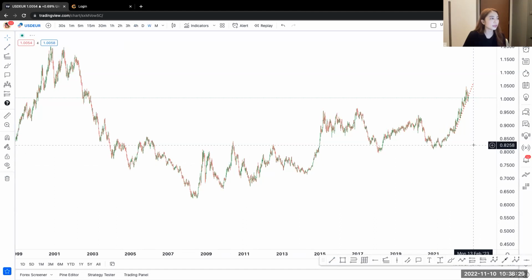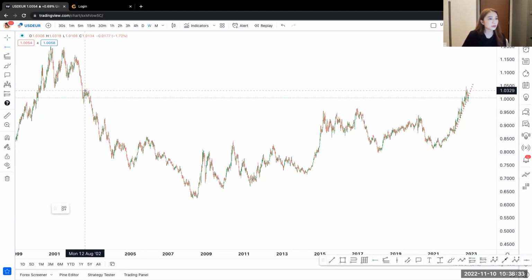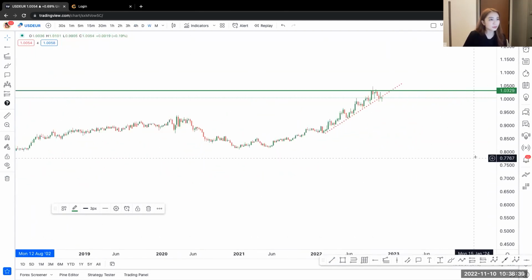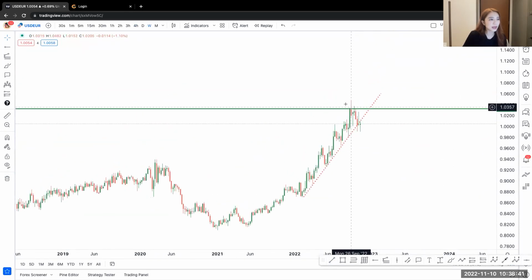I'm trying to look for any horizontal levels. Okay, there is one level here at 2002. We do see that our price did react to the level a little bit at 1.0329.